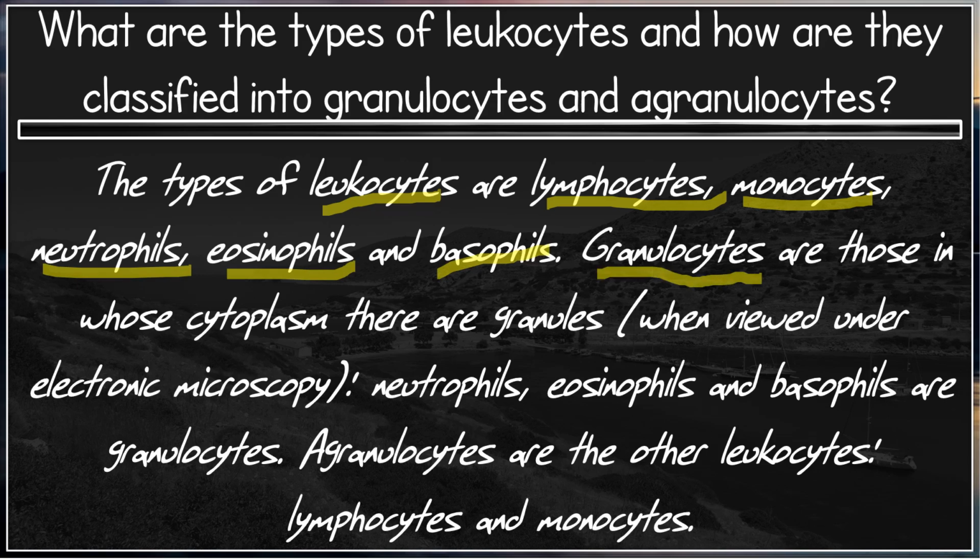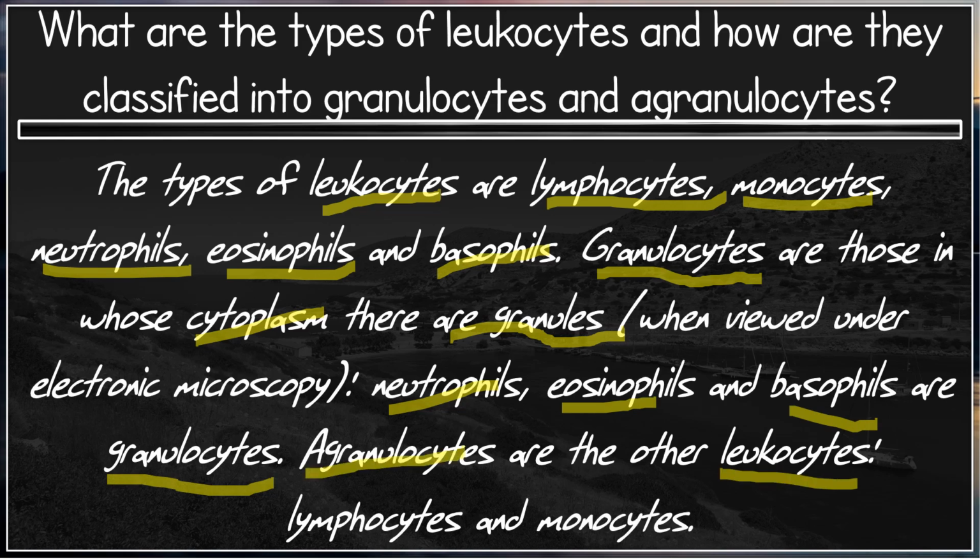Granulocytes are those whose cytoplasm has granules when viewed under an electron microscope. Neutrophils, eosinophils, and basophils are granulocytes. Agranulocytes are the other leukocytes, lymphocytes and monocytes.